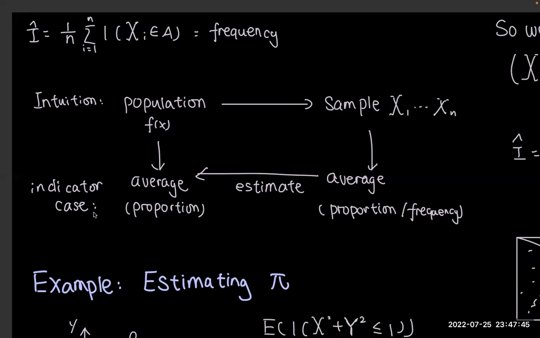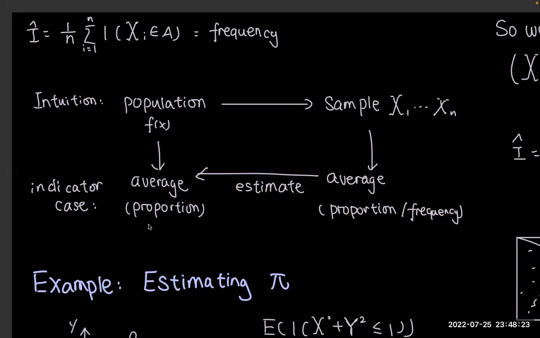In the special case where h is an indicator function, the average of the indicator function simply becomes the frequency or the sample proportion. Similarly, the average over the whole population becomes the population proportion. Under random sampling, according to axiom 0, the population proportion becomes the probability. That's why we estimate probability by the frequency.